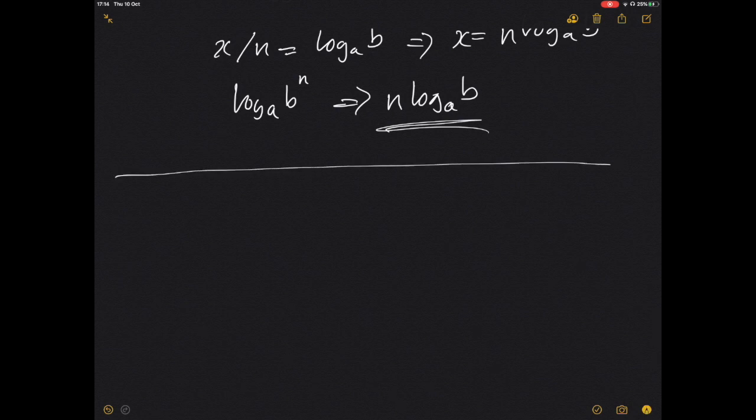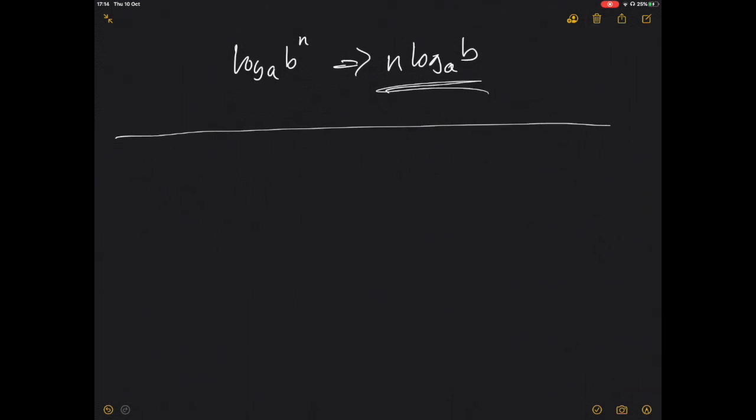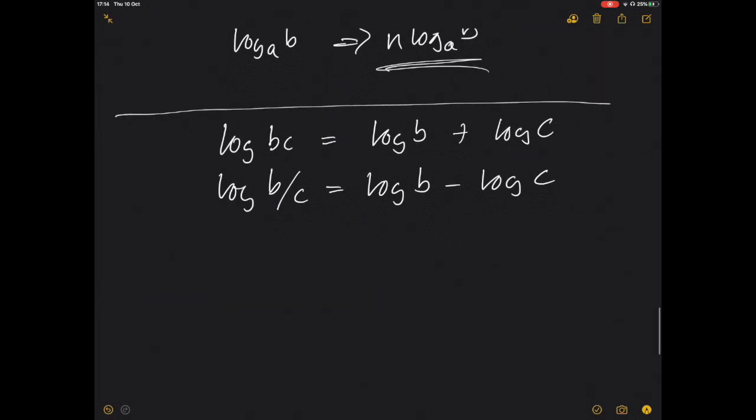So if we consolidate those, we have three rules: log(BC) equals log B plus log C. Log(B divided by C) equals log B minus log C. And log(B to the power of n) is the same as n log B.